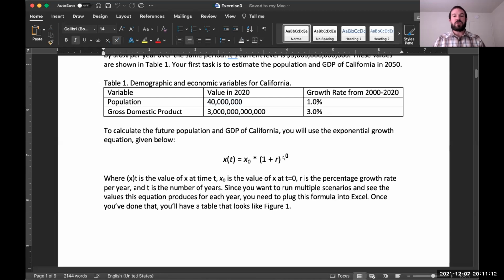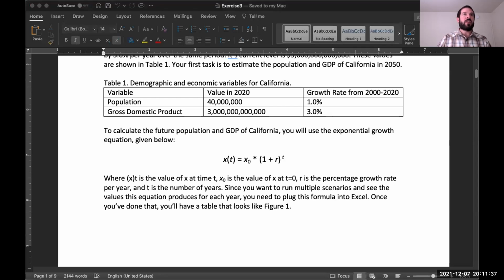So if t was 2, what you would be telling the spreadsheet is take that initial number, multiply by 1.01, and then multiply by 1.01 again, right? Because when you have something raised to a power, you're just saying that's how many times I want you to multiply by this, okay? Do it twice, do it 5 times. In the case here, we're going between 2020 and 2050, so do it 30 times, okay?